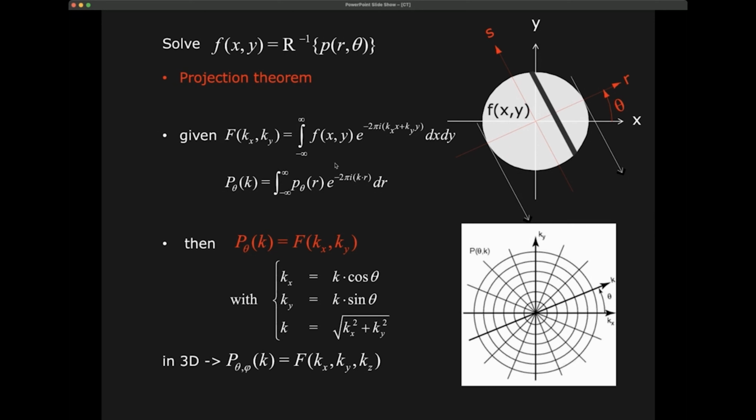Now, if you start to look at these formulas, what you can actually prove is that if we have the sinogram, which is this P, the Fourier transform of the sinogram and the Fourier transform of the distribution of the attenuation coefficient in a Cartesian system are actually equal.